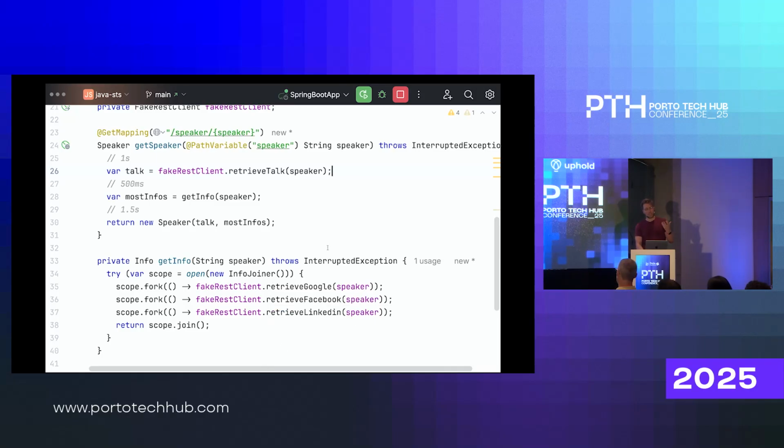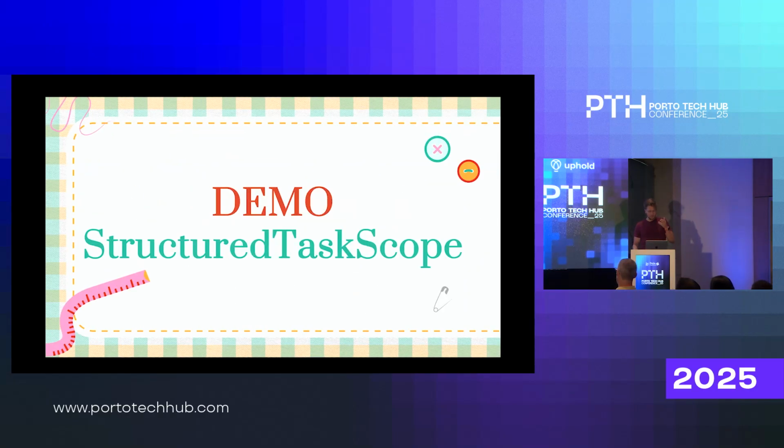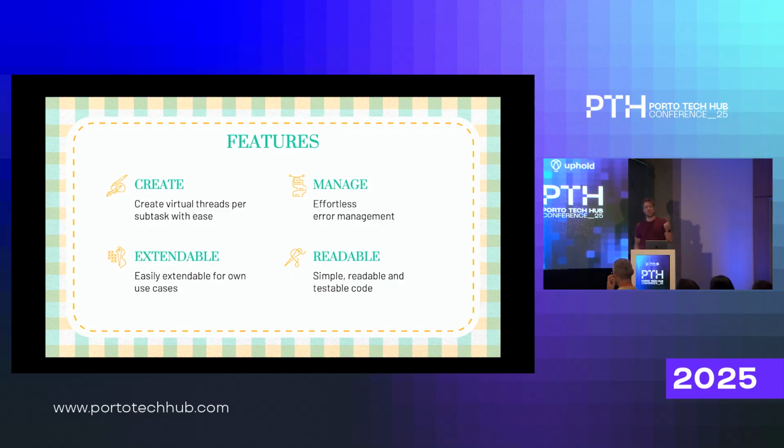What we achieved here. The first thing is we can really easily create our scoped values, our structured task scope, and pass to it some functions so that we can run them in their own virtual thread. Also, it's really easy to manage. We have really easy, effortless error management. We can decide ourselves, do we want to handle exceptions immediately? Do we want to handle them later? We can also really easily extend them.